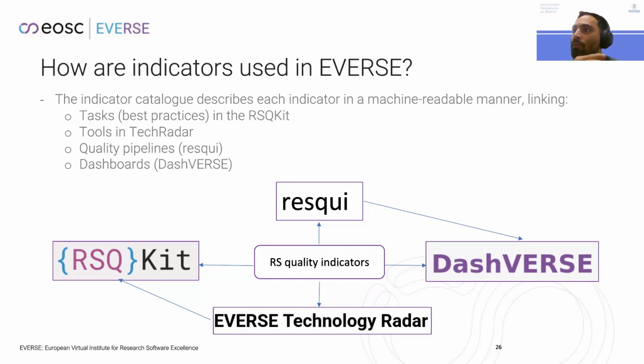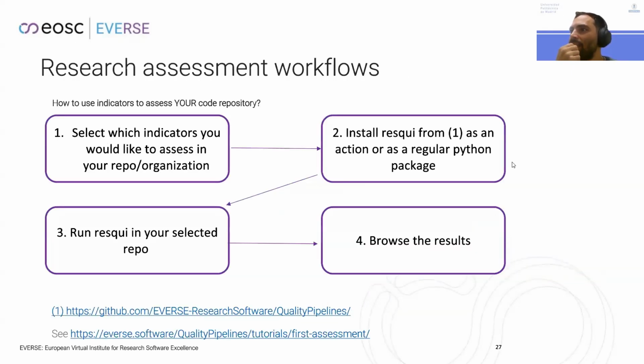They are used to power the quality pipelines that I'm going to describe in a second, the research assessment workflows, and they can be visualized in the dashboards that Faruk is going to present in a second. But the indicators are in the middle because they connect all these tools, as a sort of interoperability framework. Next slide, please.